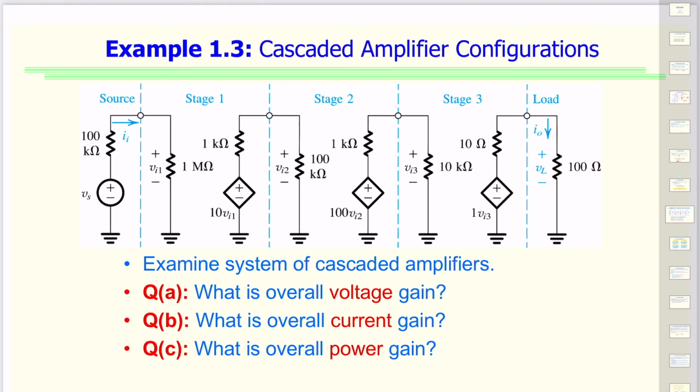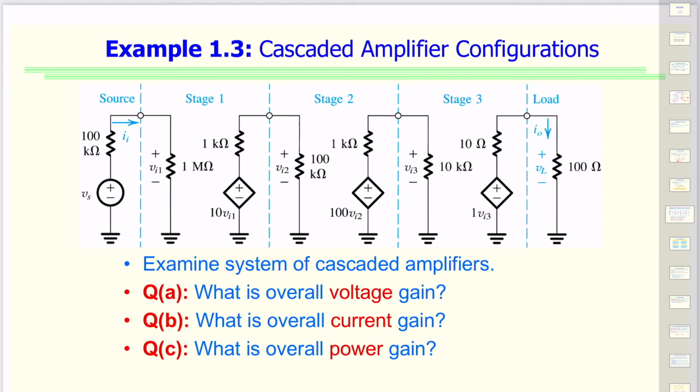The second stage is doing the bulk of the voltage gain, and the third stage is just a buffer amplifier which is giving us a relatively large input resistance and an output resistance which is much lower than RL. So we match the conditions that we wanted to take care of for the ideal amplifiers.